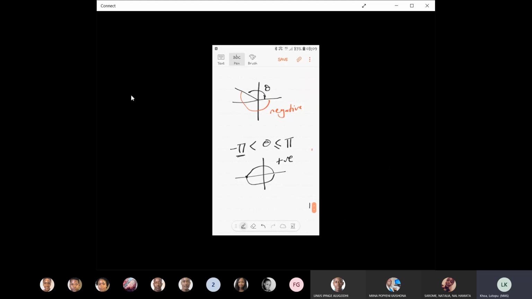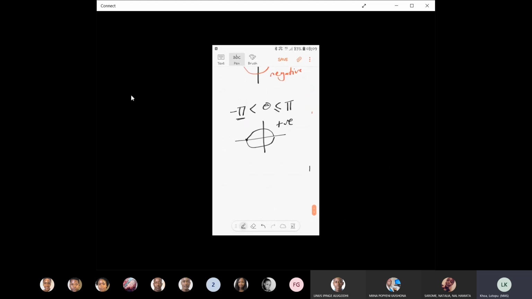Now with other angles, let's say you have another angle in the third quadrant. You have the option of positive or negative. You must always look at which one of these is smaller and then take the smaller one. Now we'll go quadrant by quadrant.